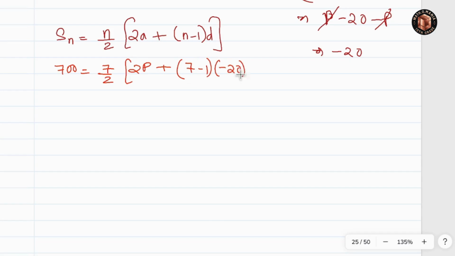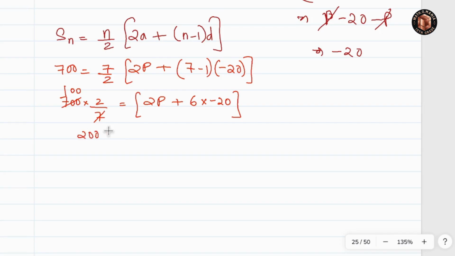So 700 into 2 by 7 equals 2P plus 6 into minus 20. The 7s cancel and I get 100; 100 into 2 equals 200. So 200 equals 2P minus 6 twos are 12, that is 120.